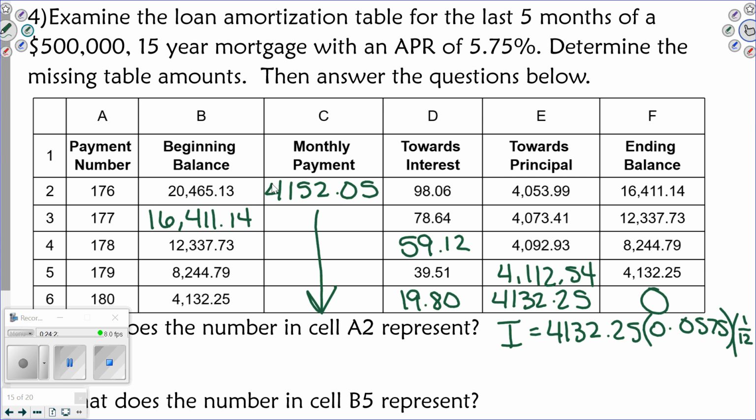Monthly payment, not this. This was my balance. My monthly payment is right here. So this is how much I pay as my monthly payment. This is interest, so I take this minus this. That's how much went towards principal, which is exactly how much I need to pay off my loan.